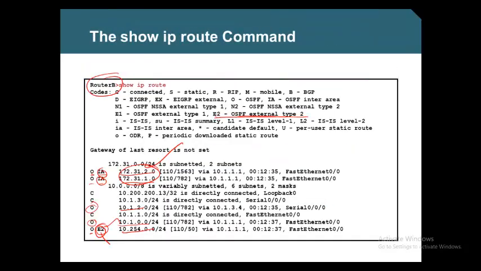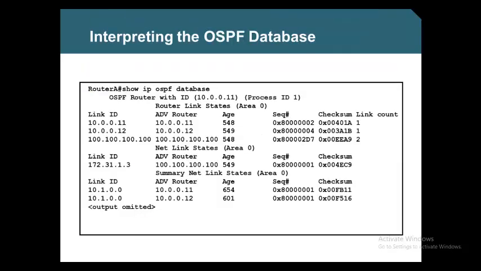But you see down there E2, this is a type 5 advertisement received by router B. But who advertises it? The ASBR itself. It is not the ABR giving this. It is the redistribution point.